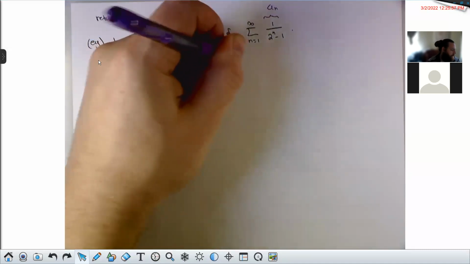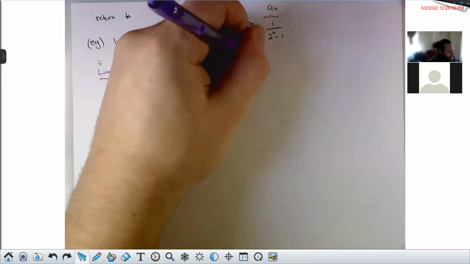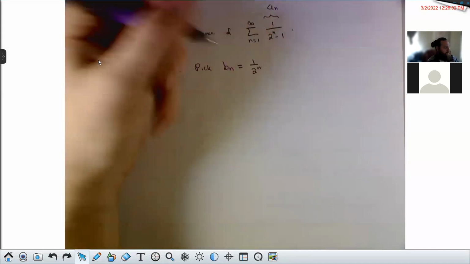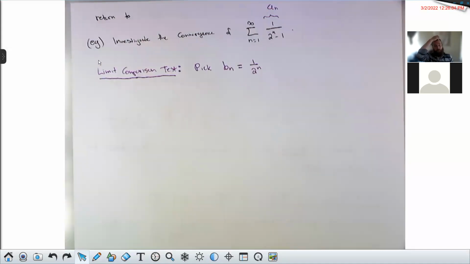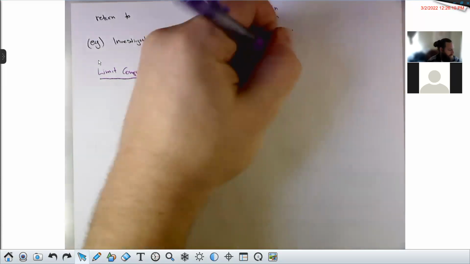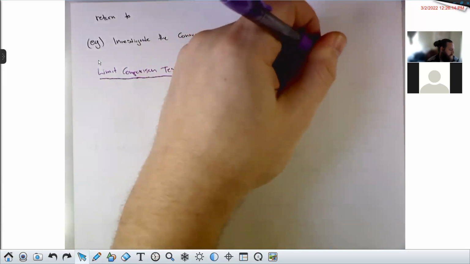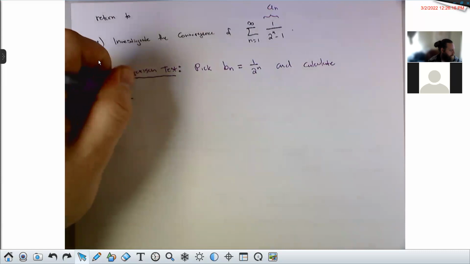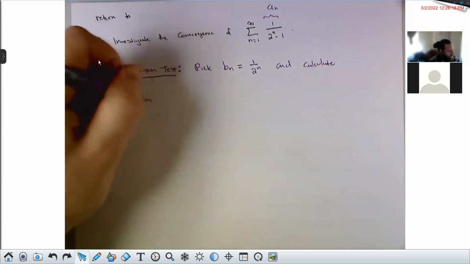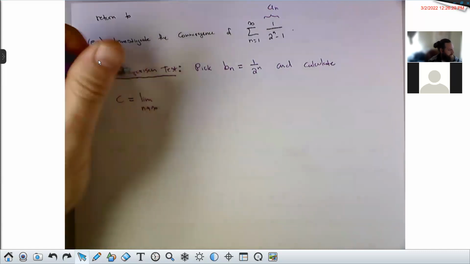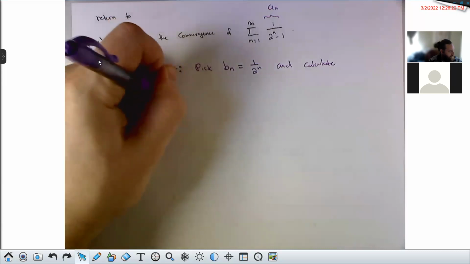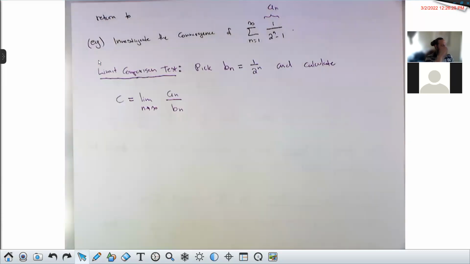There's no inequalities here. You just pick BN to be the thing that you think is very similar to your ANs, whose series is easy to work with. And then you calculate that number C, which would be the limit as n goes to infinity of AN over BN.